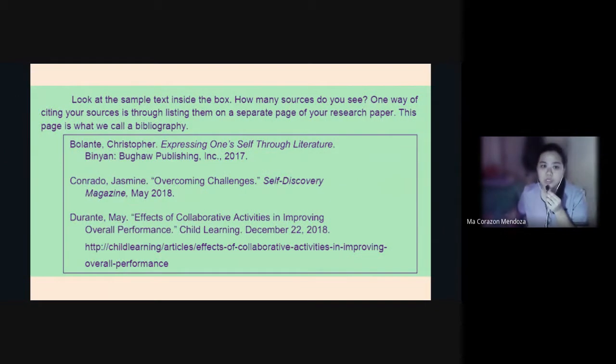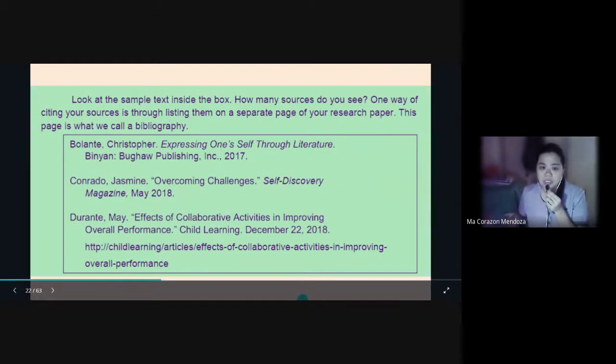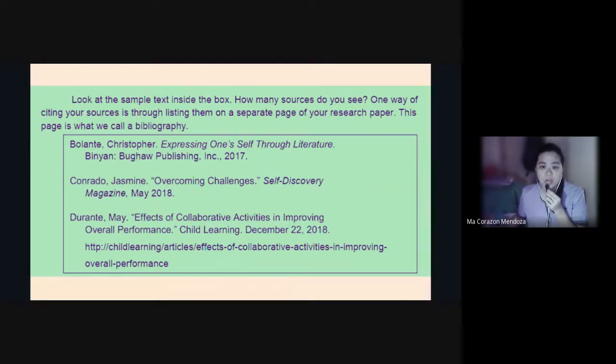Now, I want you to look at the sample text inside the box. This is also in your module. Okay. Now, on this part, hold on just a moment. This is in your module, which is on page 7.